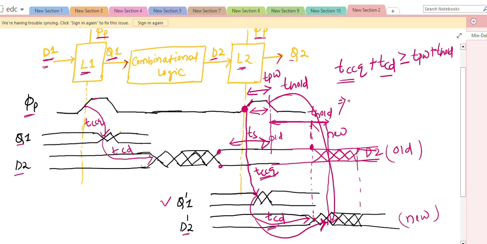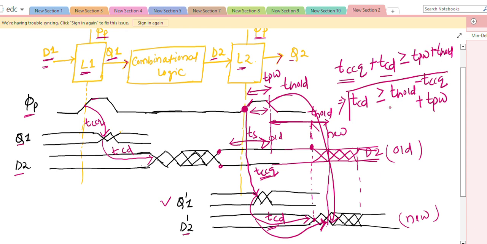Then what will be TCD? TCD should be greater than or equal to T hold minus TCCQ plus T pulse width.